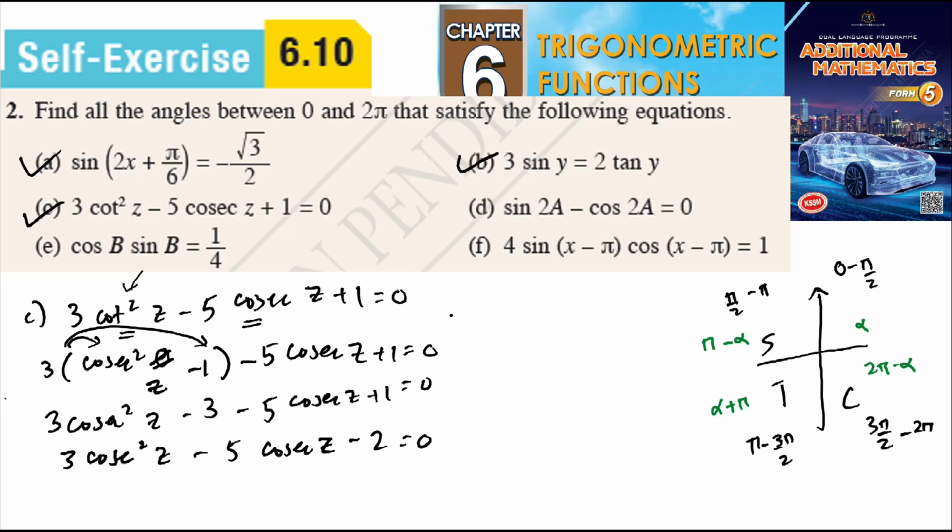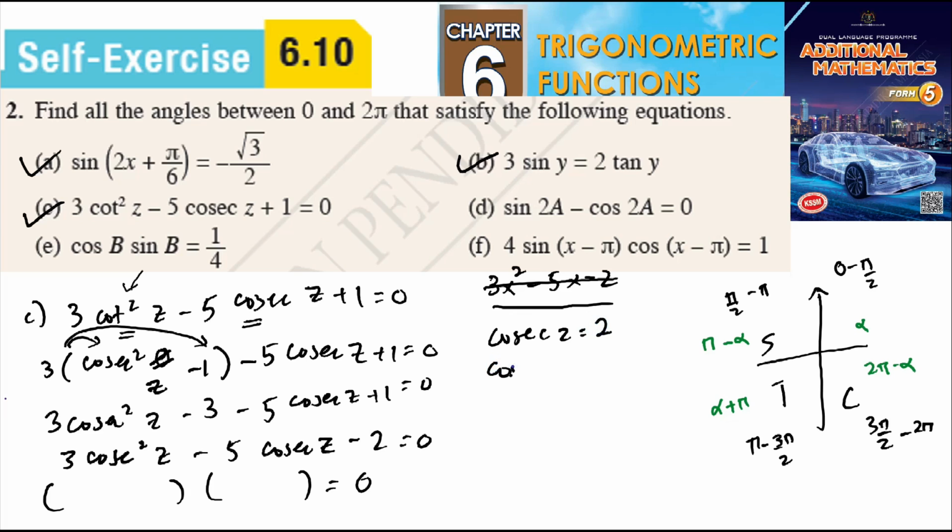So you see here this one is in the form 3x squared minus 5x minus 2, right? Do you still remember this quadratic equation? You can factorize by using your calculator. You can just press EQN, and when you use your calculator, because cosecant z is the unknown, you get cosecant z is equal to 2, and cosecant z is equal to negative 1 over 3, right?